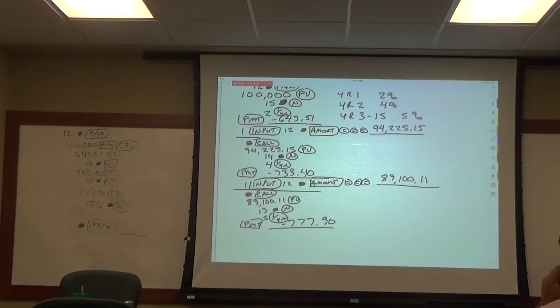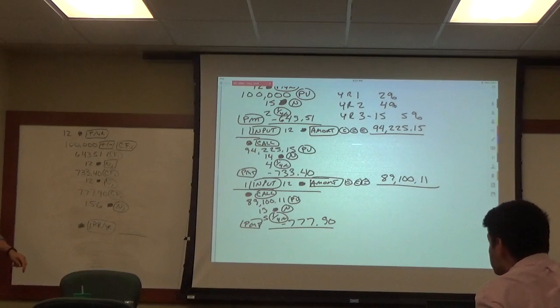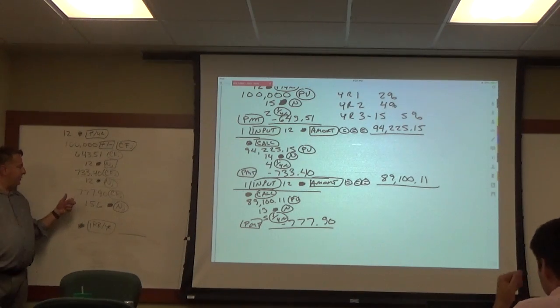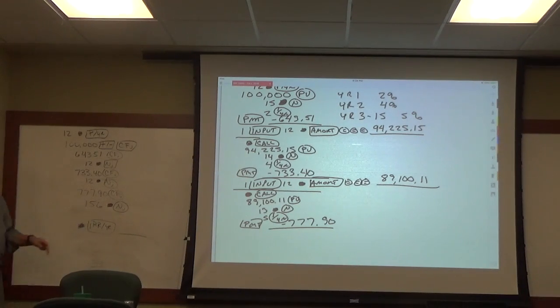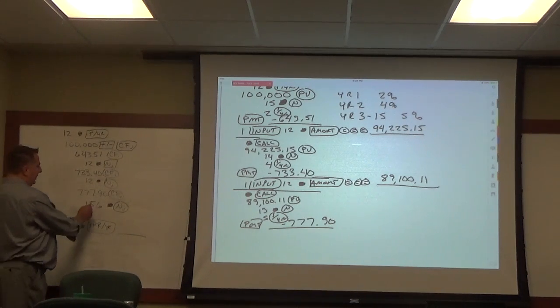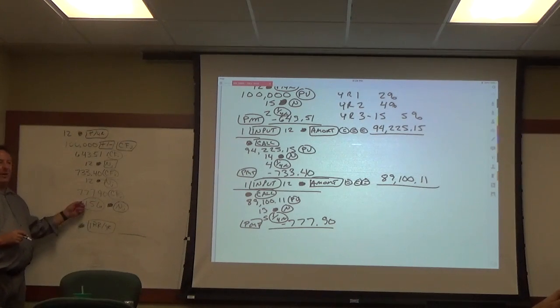Here is the weird, quirky deal, and I don't know why this is the case unless something has changed with the calculator in the past 10, 15 years. There's a limitation on the number of consecutive cash flows that you can put into the calculator at one time. Unless something has changed, you can only put in 99 consecutive cash flows at one time. So if the number exceeds 99, you've got to figure out how to split it.